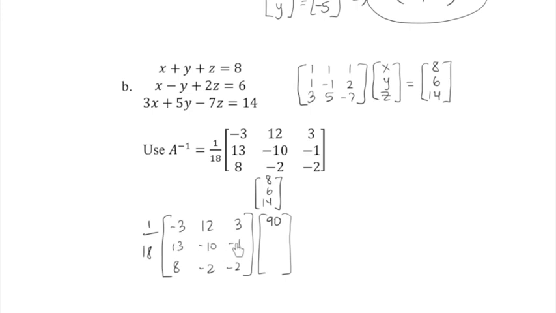This entry is that row to that column, so 13 times 8, that's 104, and then negative 60 and negative 14. So we have 104 plus negative 60 plus negative 14. And that's 30. And this entry is row 3 with that column, so 8 times 8, that's 64, minus 12, minus 28, and that's 24.